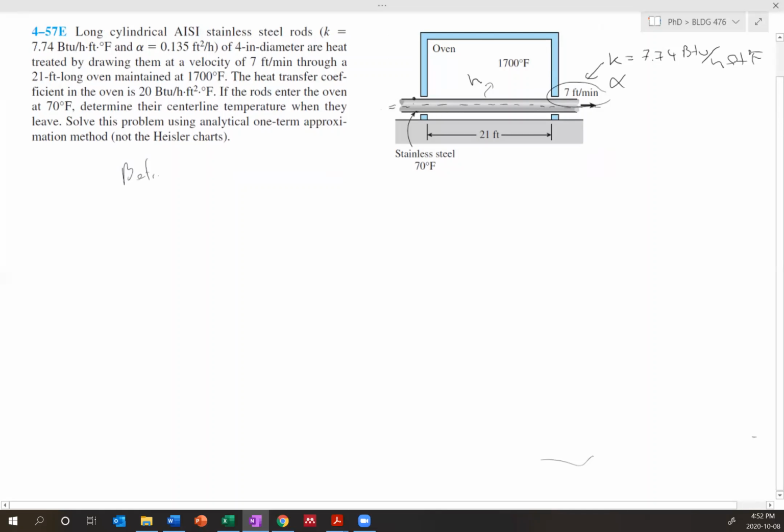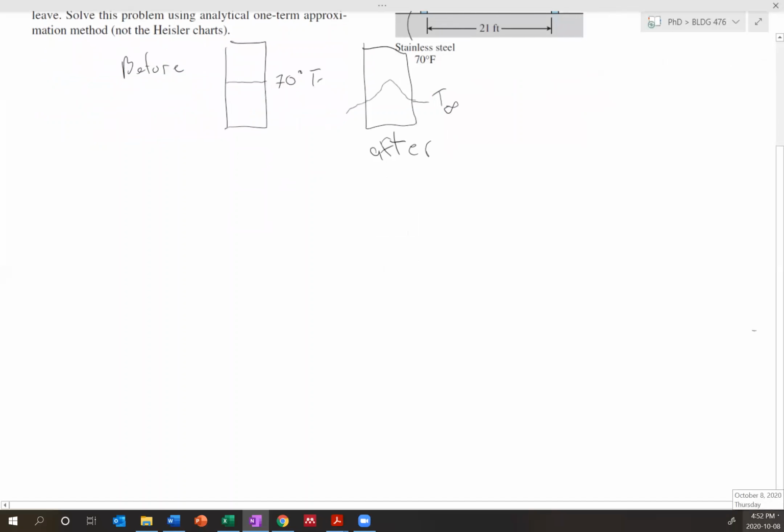So if we plot the temperature, it's going to be uniform at 70 degrees Fahrenheit before, and then afterwards it's going to look something more like this, our temperature profile. And this is the idea behind a lot of this course, that there's not uniform temperature throughout it. And then we want to find very specifically this temperature.